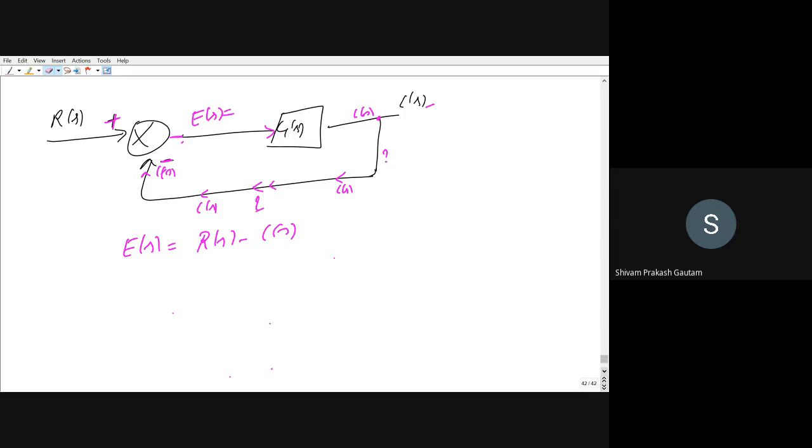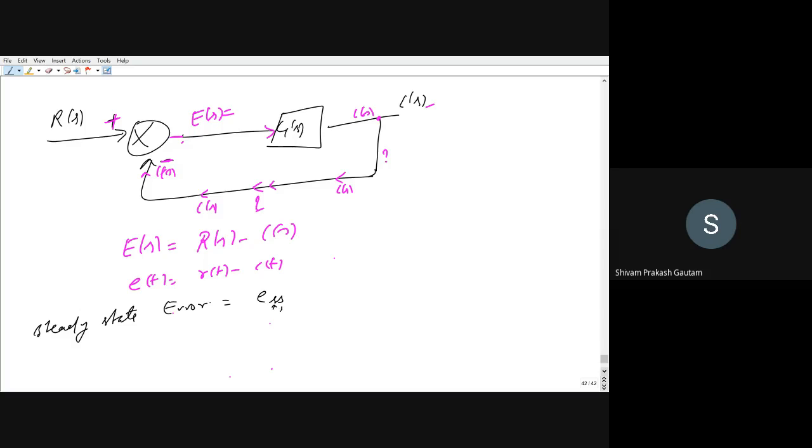So error E(s) will be equal to R(s) minus C(s). You can also write it in time domain, that is e(t) will be equal to r(t) minus c(t). There is no difference. Now, what is steady state error? Steady state error, we call it e_ss.